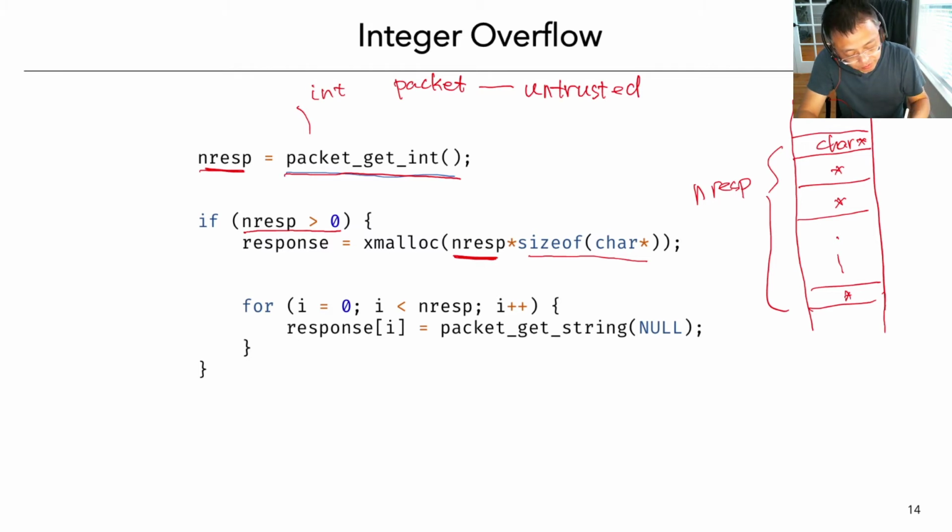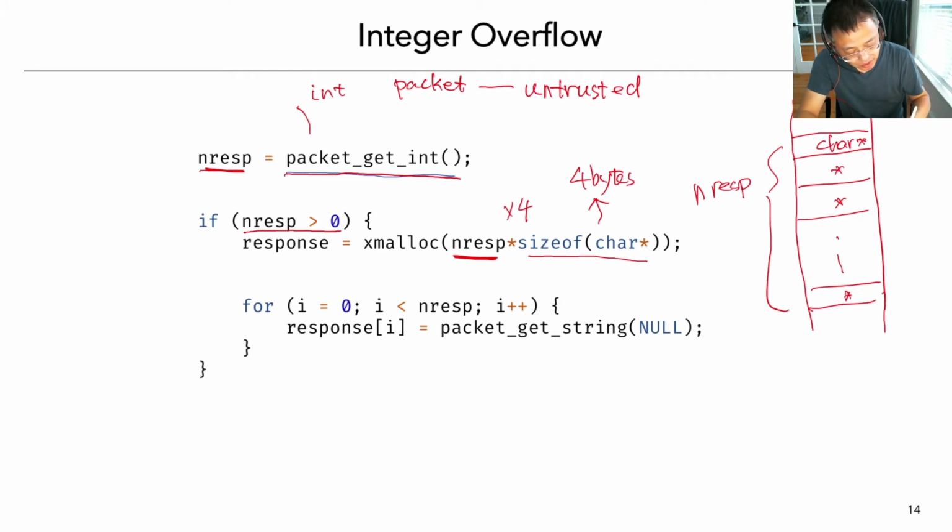However, if we look at this, let's assume this is on a 32-bit machine. Now the size of char star is how many bytes? It's 4 bytes, right? So you multiply this number by 4.